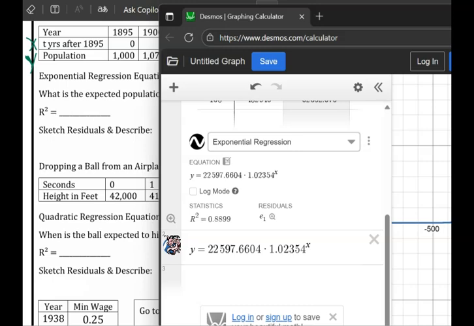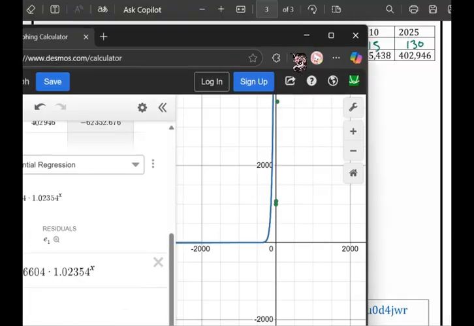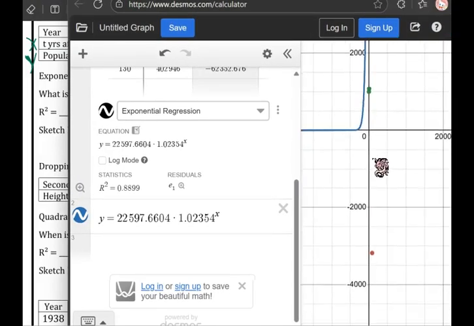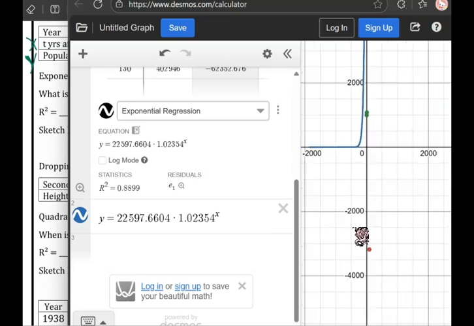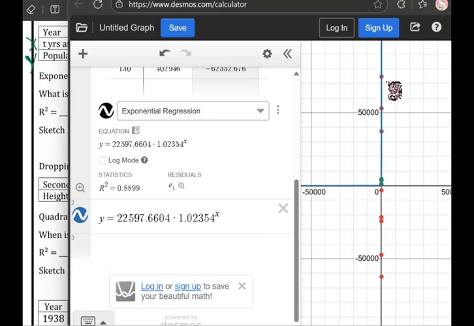If you look at the residual plots there in the red, they're kind of really far below the line and far above. Let's go ahead and record this one on our paper.